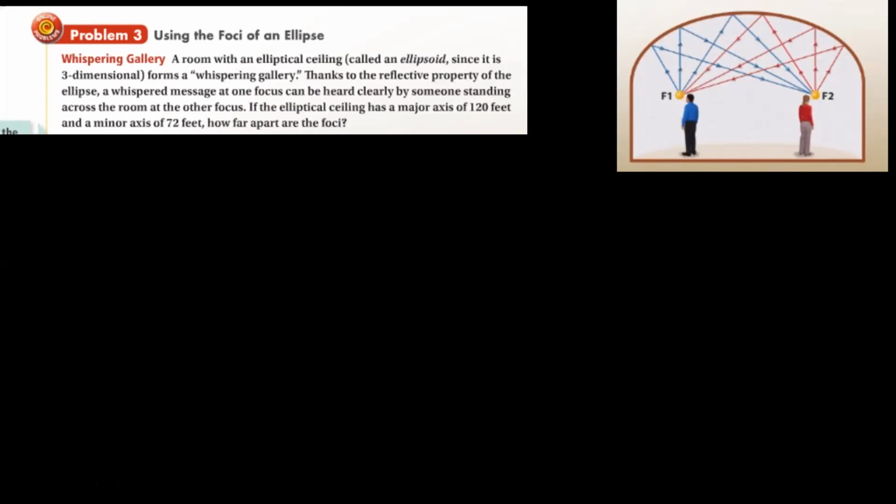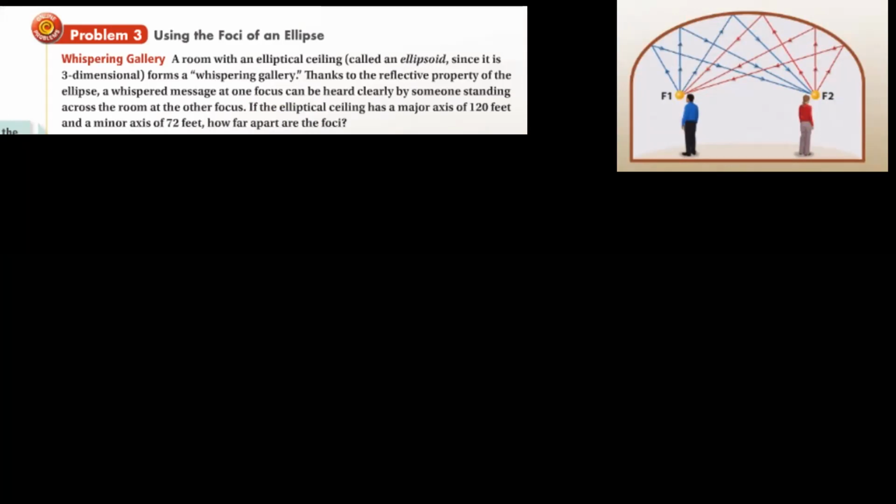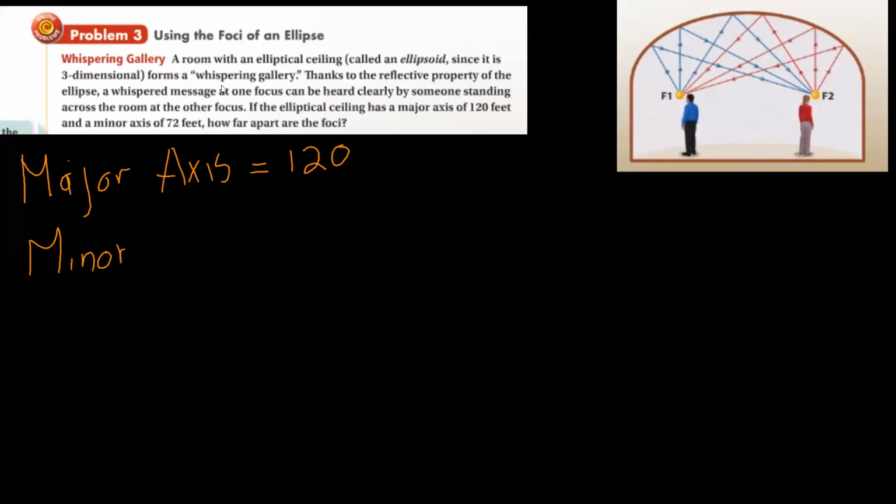If the elliptical ceiling has a major axis of 120 feet and a minor axis of 72 feet. So now, the major axis is 120 and the minor is 72.